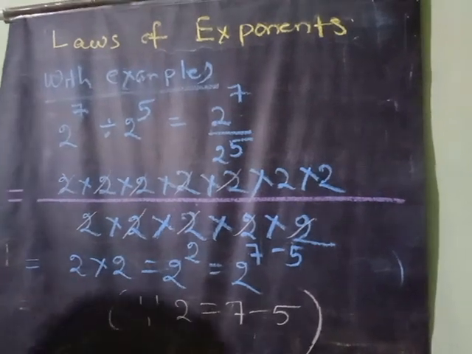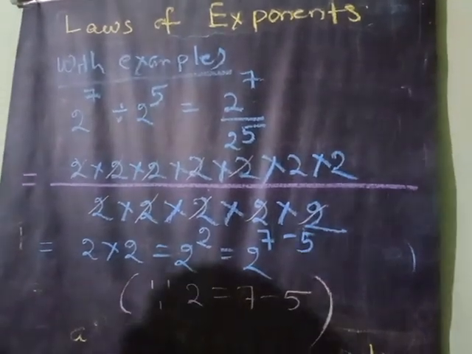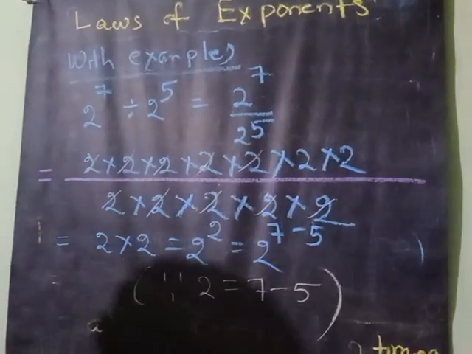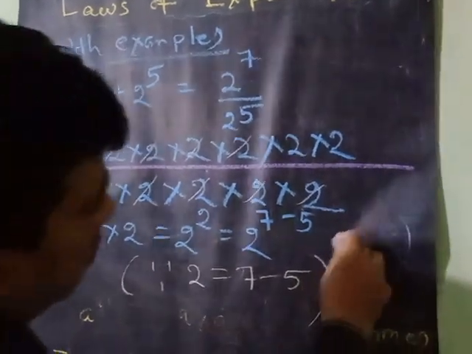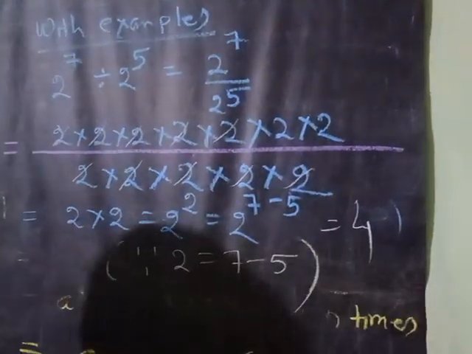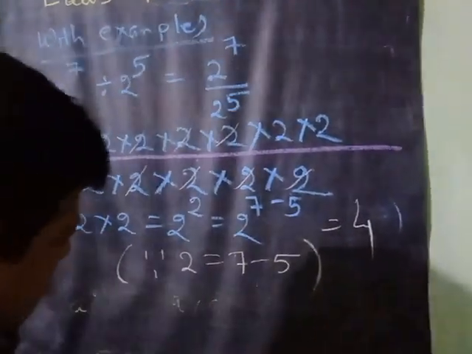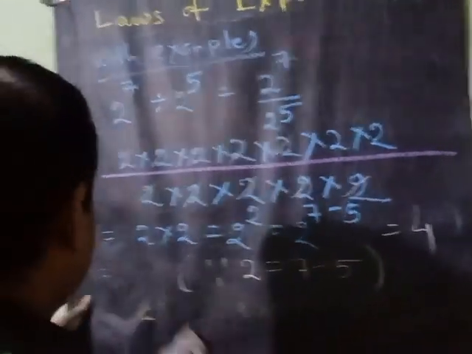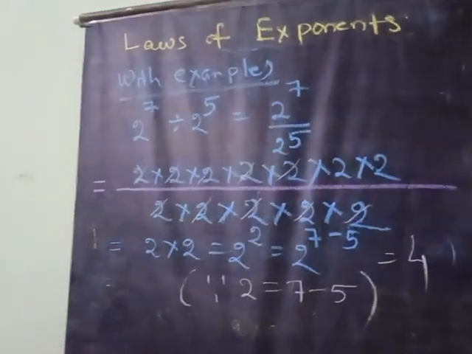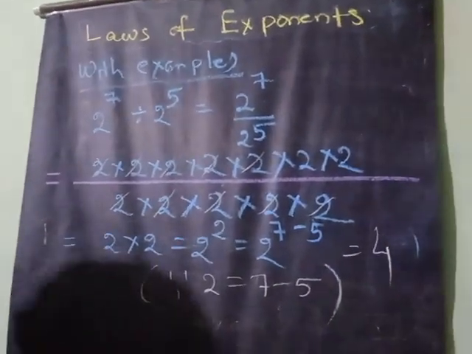So 7 minus 5 is equal to 2. This is in accordance with the second law. During evaluation you have to use the laws of exponent to find the value. Okay, this first type of question is coming.